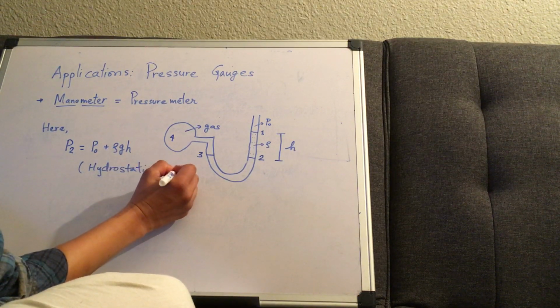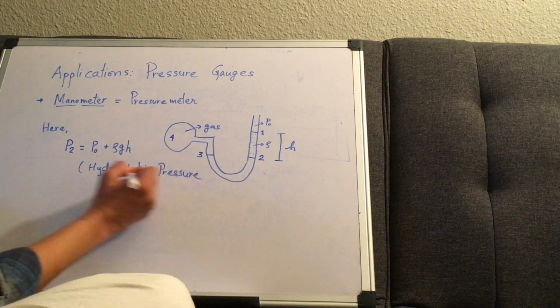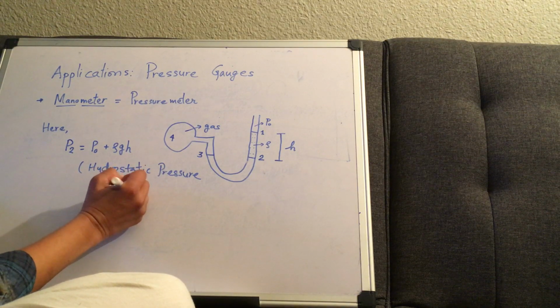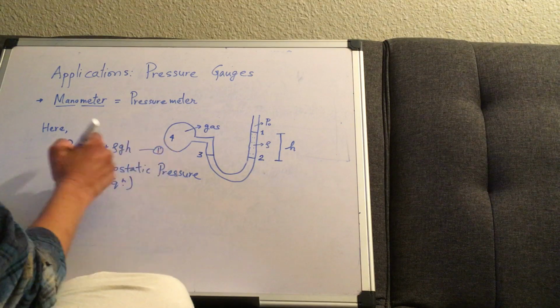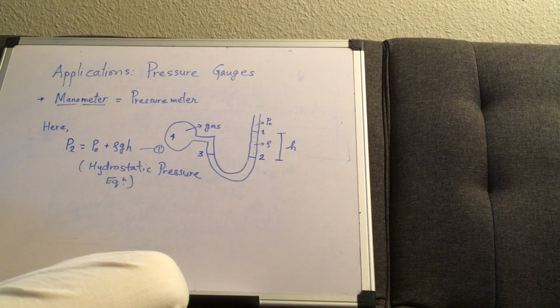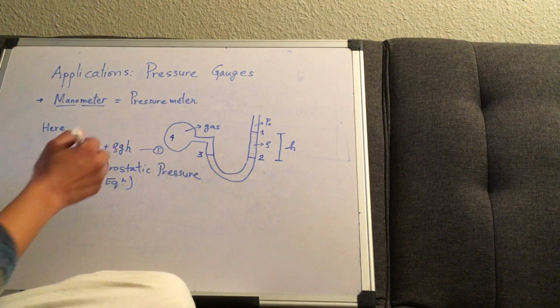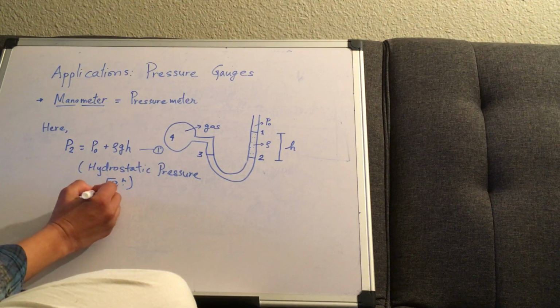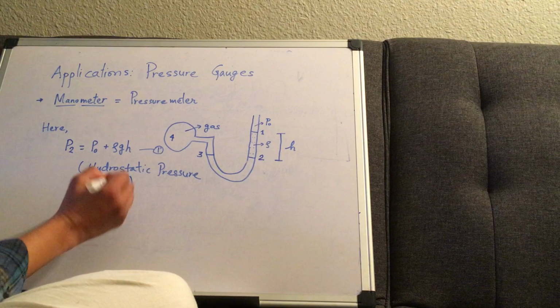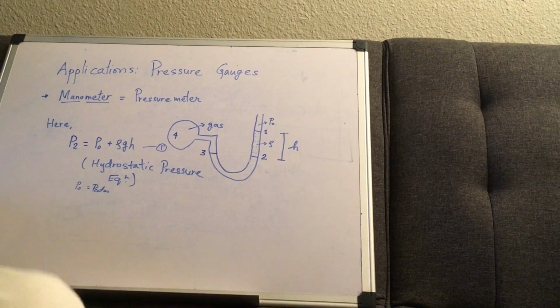Let's call this equation 1. P naught is really atmospheric pressure, so P naught equals P atm. We are going to replace it with that in another step.